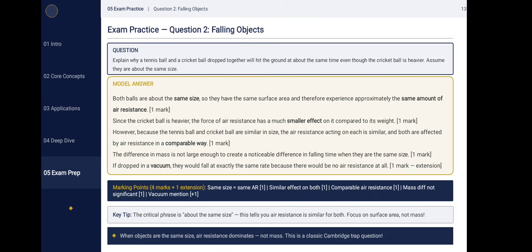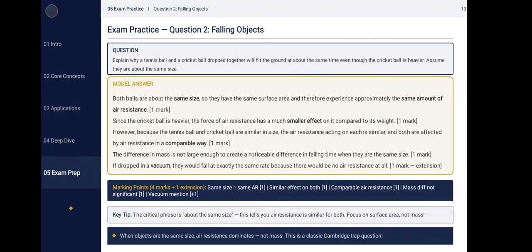Their size is the same, meaning their surface area is the same, and the cricket ball is heavier, but they are hitting the ground at the same moment.